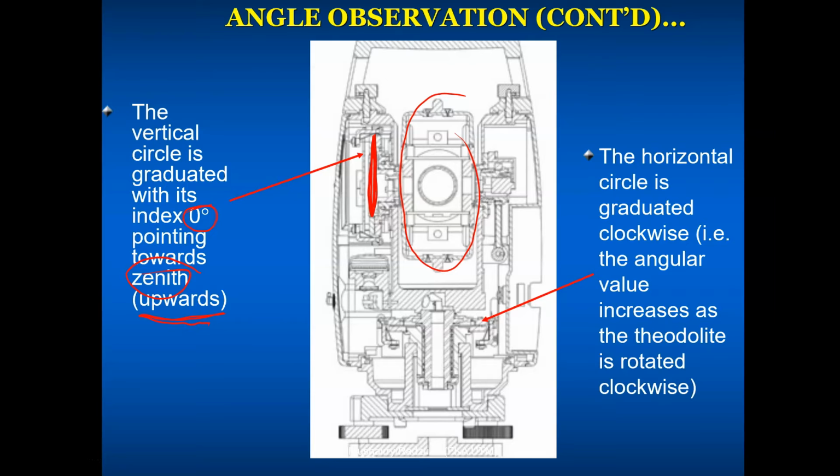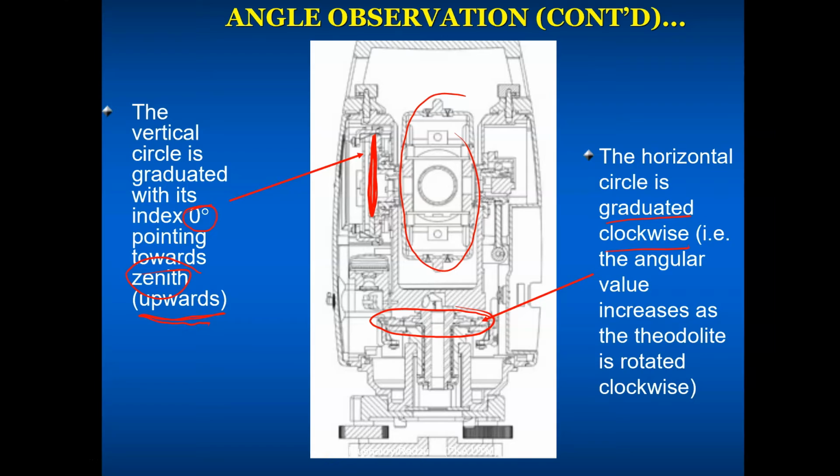Whereas your horizontal circle, which is a glass plate down here, is also like a protractor, a glass protractor that runs from 0 to 360 and is graduated clockwise. Unlike the vertical circle, there's no specific zero direction for it. It depends on what we have set it on. You are quite free to choose which direction your zero is.